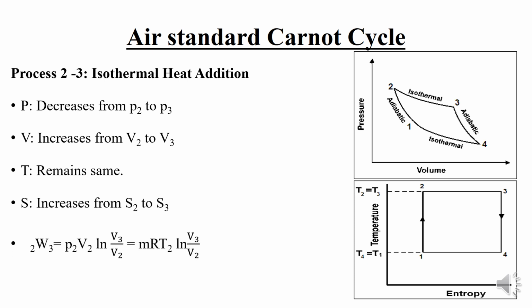It is given by P2 V2 ln(V3/V2). Since we are considering air as the working fluid, it obeys the perfect gas equation, hence P2 V2 can be replaced by mRT2. This is the work done equation for the isothermal heat addition process, and Q is given by P2 V2 ln(V3/V2).